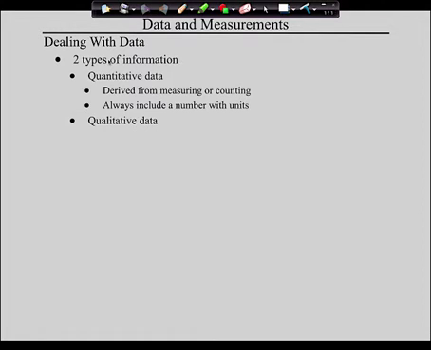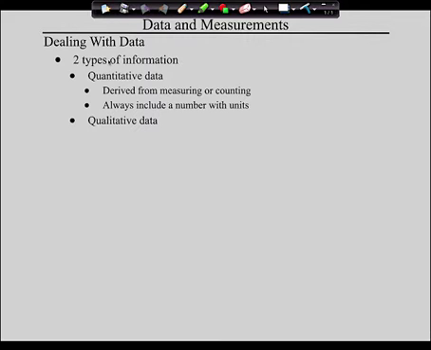This is physics, this is chemistry, this is biology. The other type of data, which we'll be collecting as well, is qualitative data. Do the same thing: if quantitative means quantity, what does qualitative mean? Quality, right? But when we say quality, we don't mean good or bad. We mean descriptions.